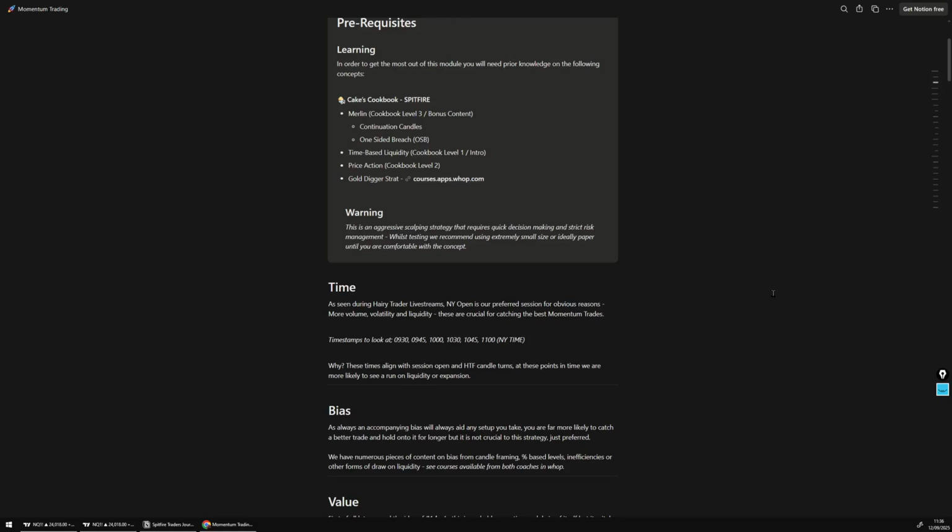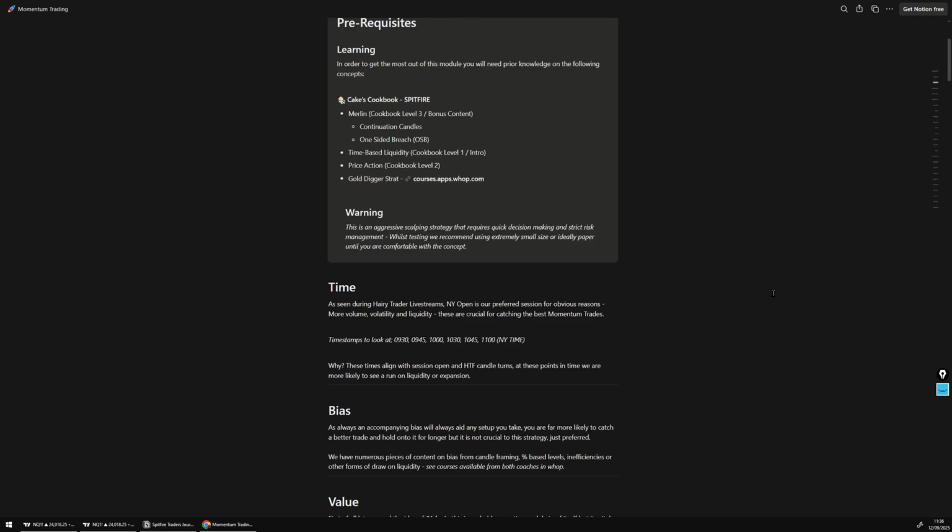So we're just looking at those key times where we're getting session open, we're getting a high time frame candle turns, we're getting 15-minute candle turns at least, really. But the point of that is these times we're more likely to see either a run of liquidity or expansion.